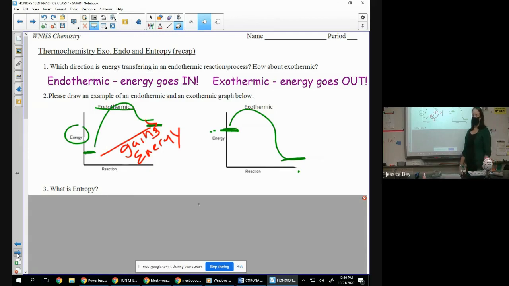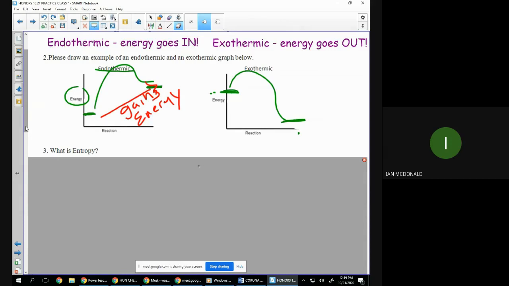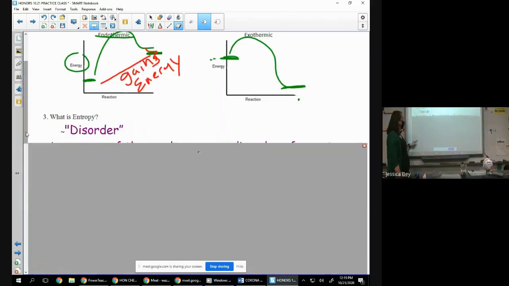All right, I'm going to bother somebody to tell me what entropy is. Who's going to tell me what entropy is? Ian M. at home, representing the at-home people. Ian, what is entropy? Like how disordered the thing is. You got it.